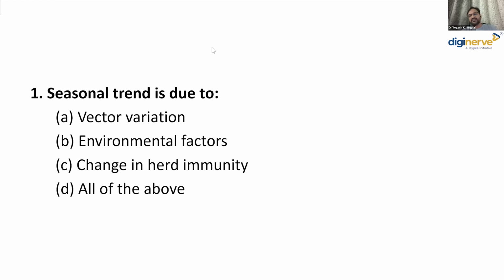Now the population of the vectors will increase in a particular season, and it may cause the seasonal trend of the disease, and change in the herd immunity also. So environmental factor, vector variation, and the change in the herd immunity, all three things are possible in the seasonal trend. So our answer will be all of the above.